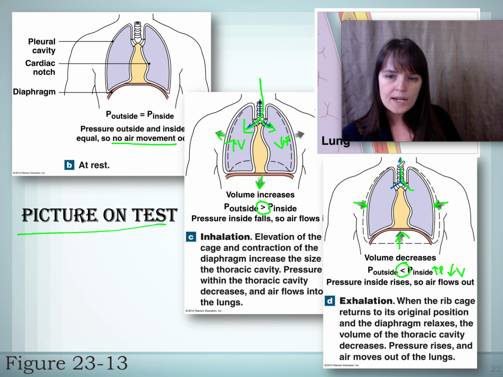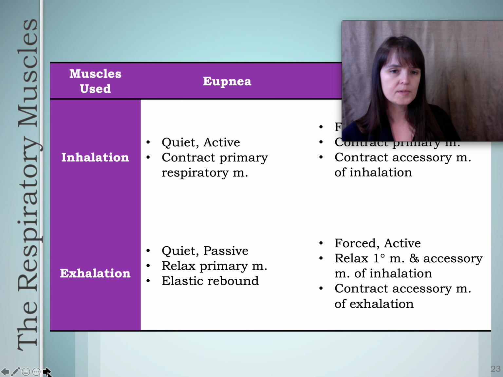So in quiet breathing, which we're about to talk about, inhalation is active because you're contracting muscles and burning ATP, but exhalation is passive because you're just stopping the contractions, and it does not require ATP to exhale on a calm breath, a normal breath, eupnea.